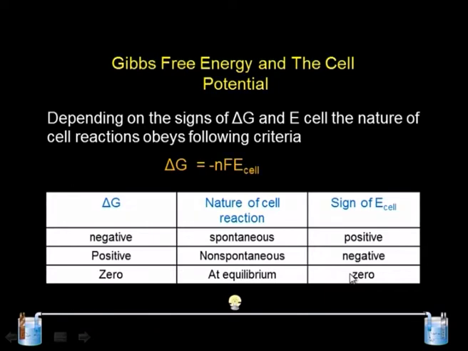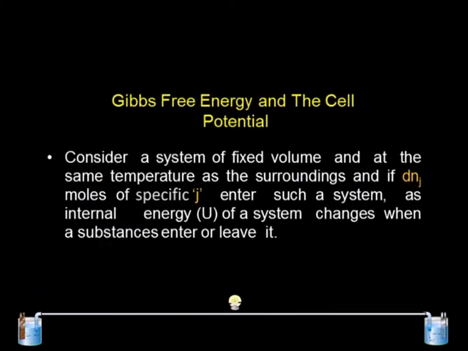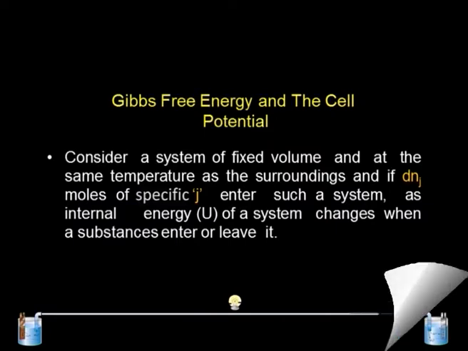Consider a system of fixed volume and at the same temperature as the surroundings, and if dn_j moles of species j enter such a system. In this case, internal energy of a system changes when a substance enters or leaves it.